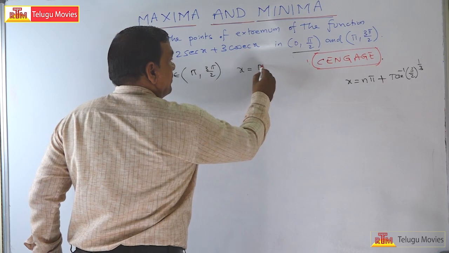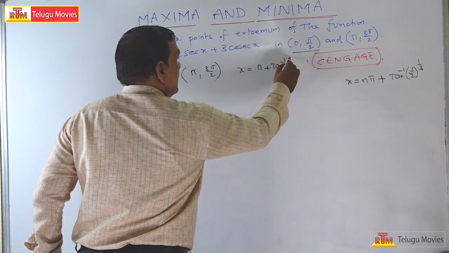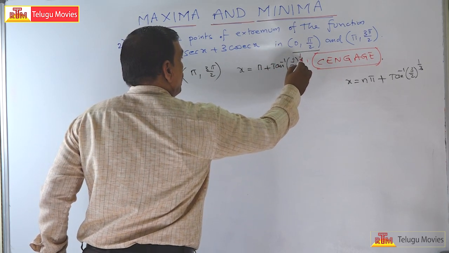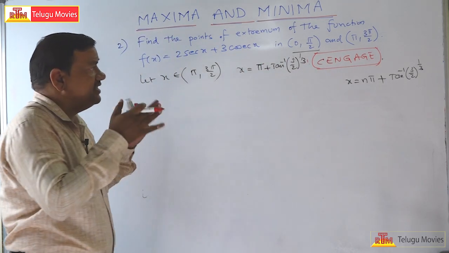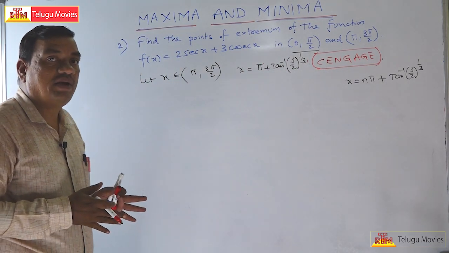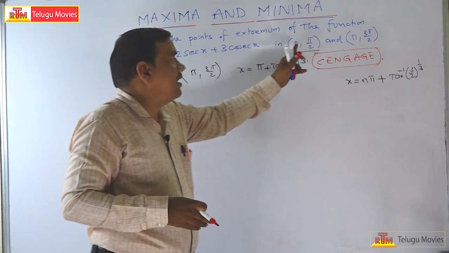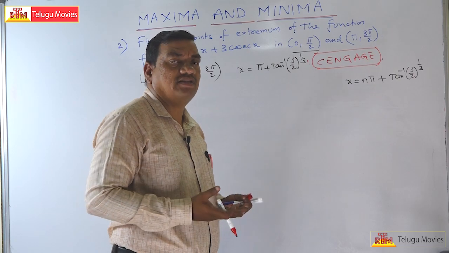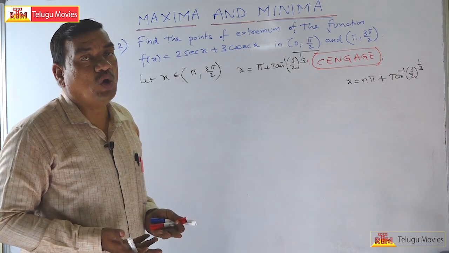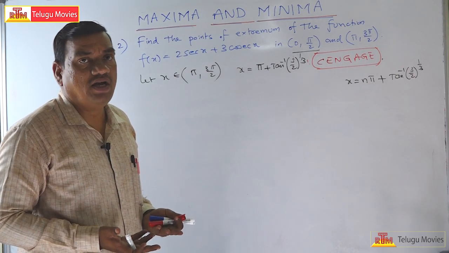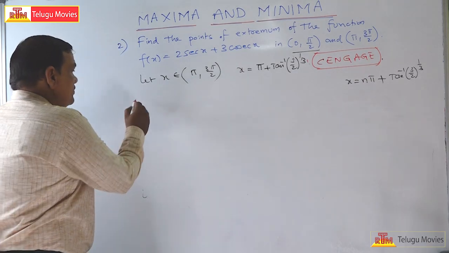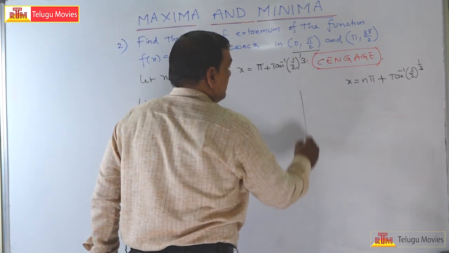We have pi plus tan inverse of (3 by 2) whole power 1 by 3 in this interval. Already we have a global minima in the first interval. Let us check what happens there. Maybe it will have a global maxima, or a global minima. Let us check.